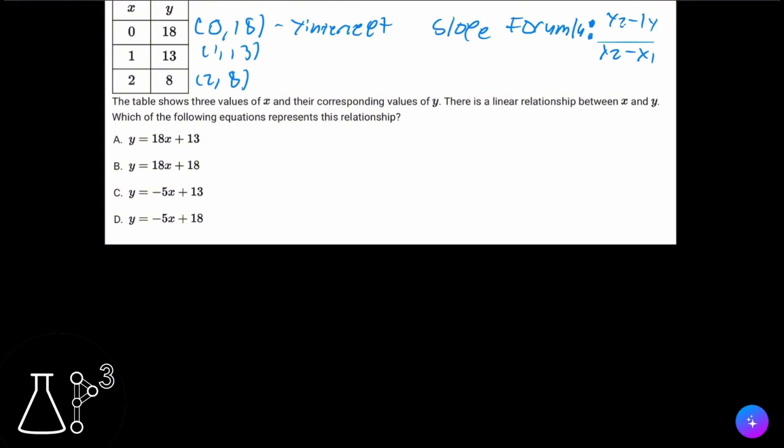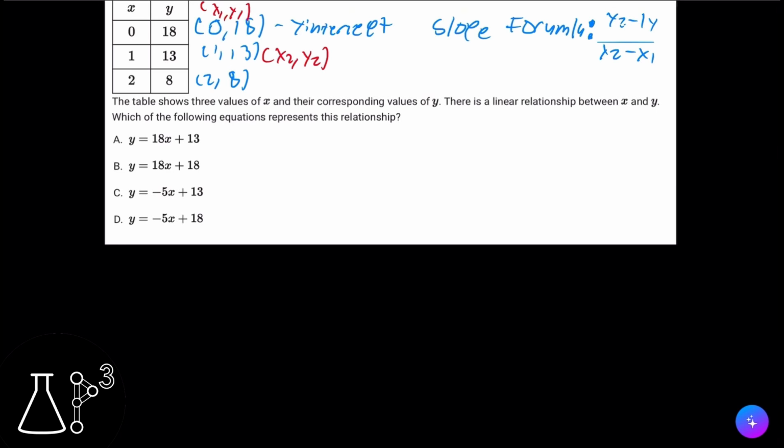Let's do (0, 18) and (1, 13). Which one has the bigger x value? (1, 13). Therefore, 1 and 13 are my x2 and y2 values, and (0, 18) is my x1 and y1. Let's plug that into the formula.